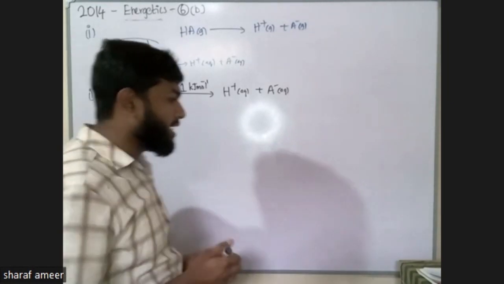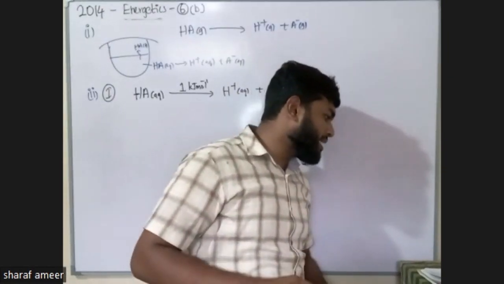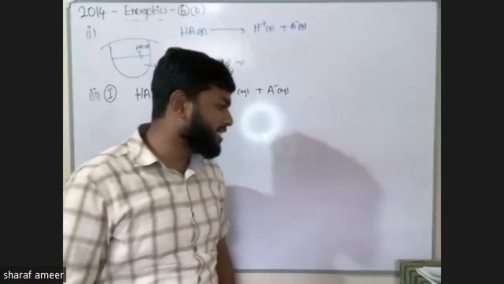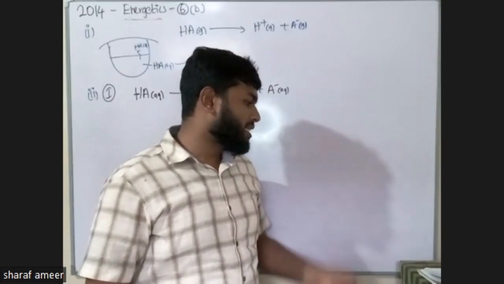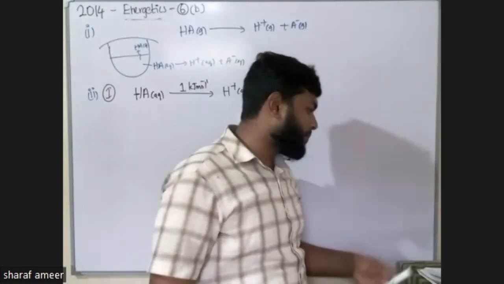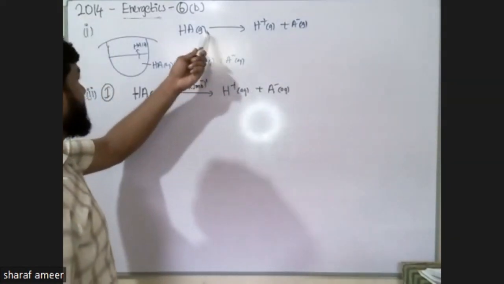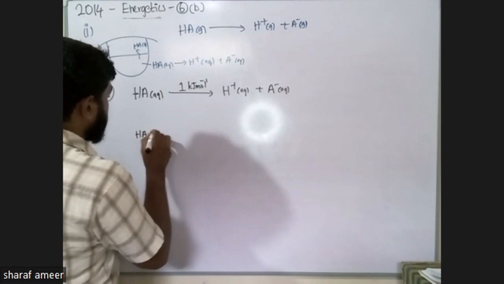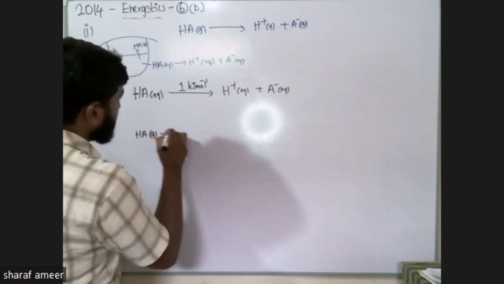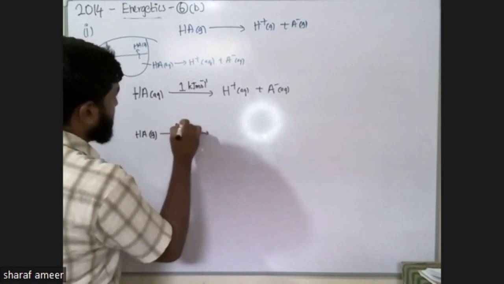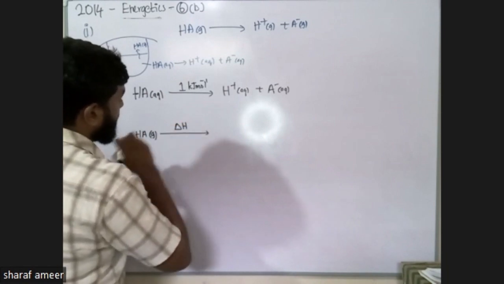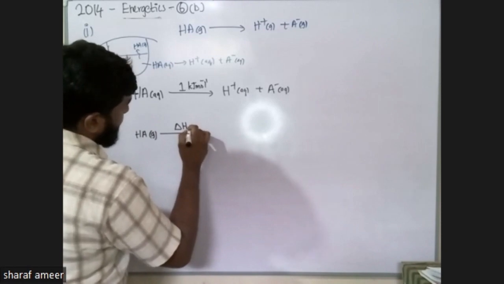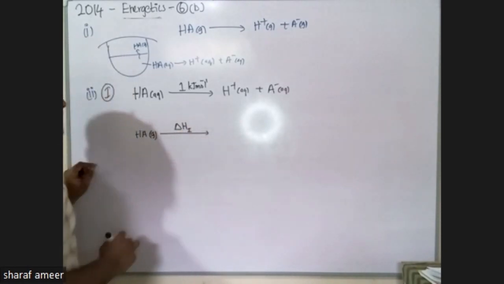Now, while you are looking at the table, you can see A minus from gas phase to aqueous phase has an enthalpy change. Same way for H plus and then for HA. Now see, they're asking the question for this now. So it's a gas. Let's say this one is delta H theta, Roman number one.